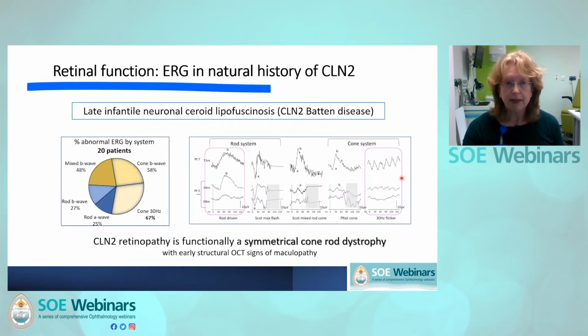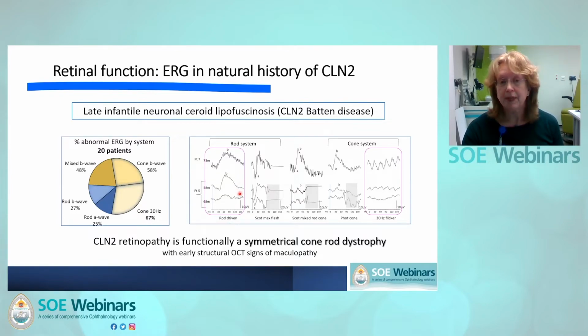So of these 20 patients, we went on to look a little bit more in detail at the ERG and highlighted the profound cone loss of ERG, which was a lot greater than rod. And this is illustrated in this patient who we saw at a 10-month interval.